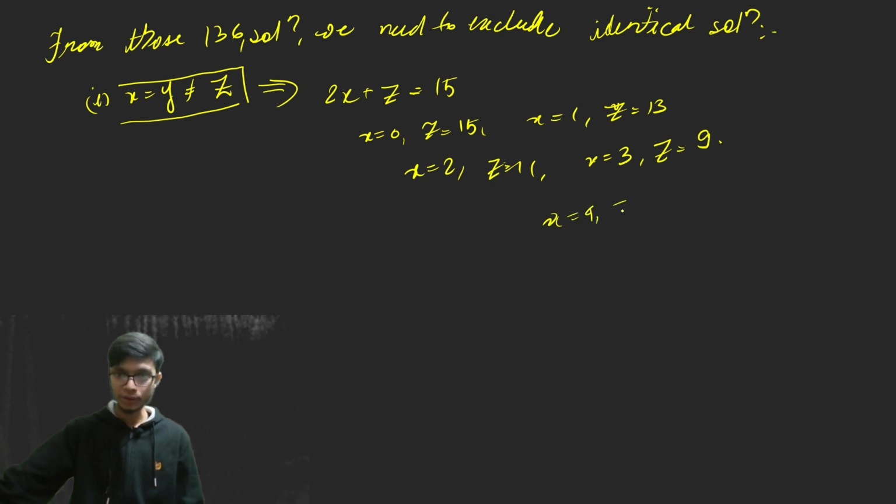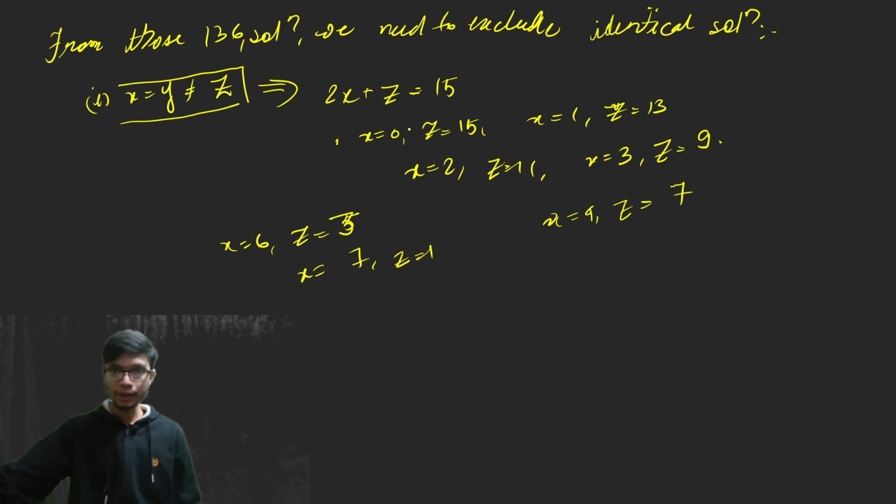Similarly, x is equal to 4, z is equal to 7, and x is equal to 5, then z is also equal to 5. But that is not the case, because we are considering x is equal to y but not equal to z. Similarly, if x is equal to 6, z is equal to 3. If x is equal to 7, z is equal to 1. So there are 1, 2, 3, 4, 5, 6 and 7 solutions which need to be excluded.